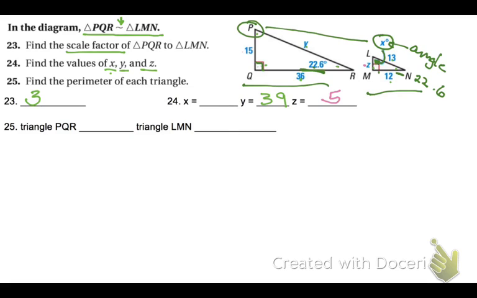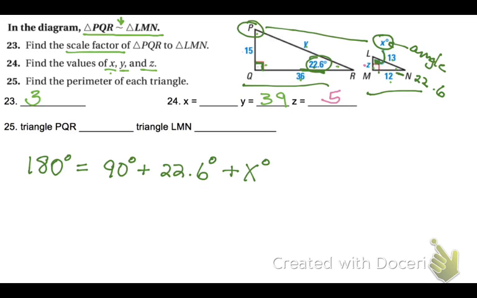So now we know two angles, and we need to find the third. You remember from right before the holidays that the sum of all three angles in any triangle is going to be equal to 180 degrees. So in this case, 180 degrees is equal to the 90 degrees, that right angle right there, plus 22.6 degrees, plus x degrees.